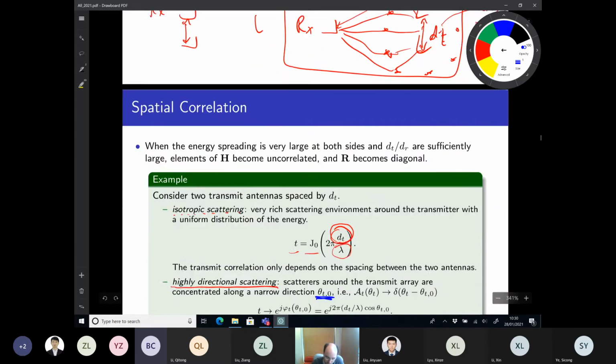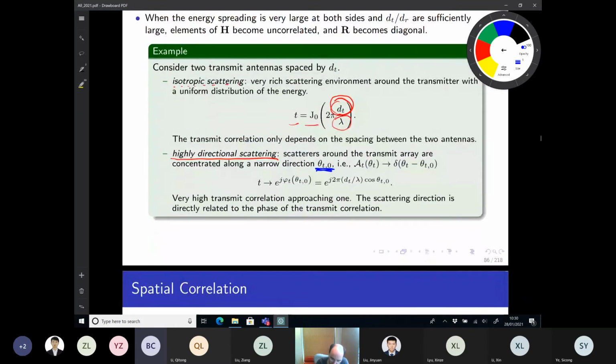So what's happening there is that your correlation coefficient is now written as something like this. The magnitude is equal to 1, irrespective of the distance. So if you put all your scatterers into one direction, you don't have nice spreading around the transmitter.